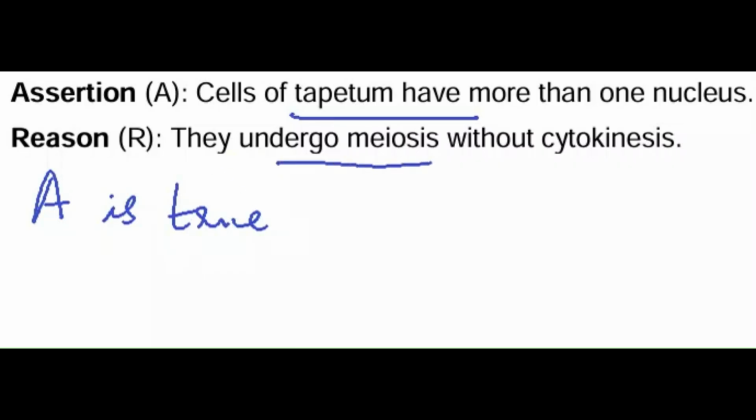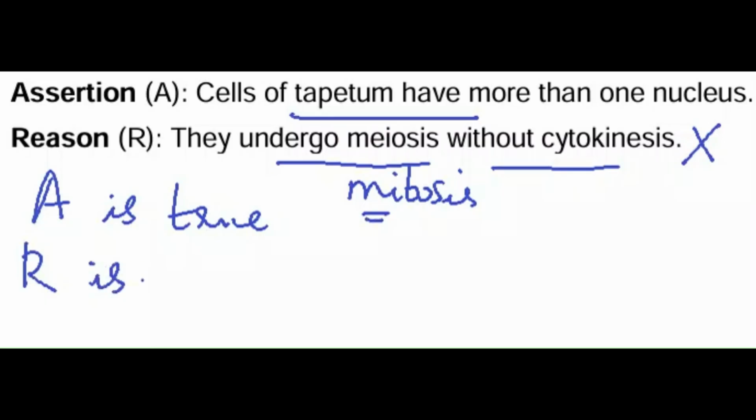They undergo meiosis without cytokinesis. That is wrong. Why? Because they undergo not meiosis, they undergo mitosis. Yes, without cytokinesis is correct, but they undergo mitosis. So the reason is false. And this question carries 1 mark.